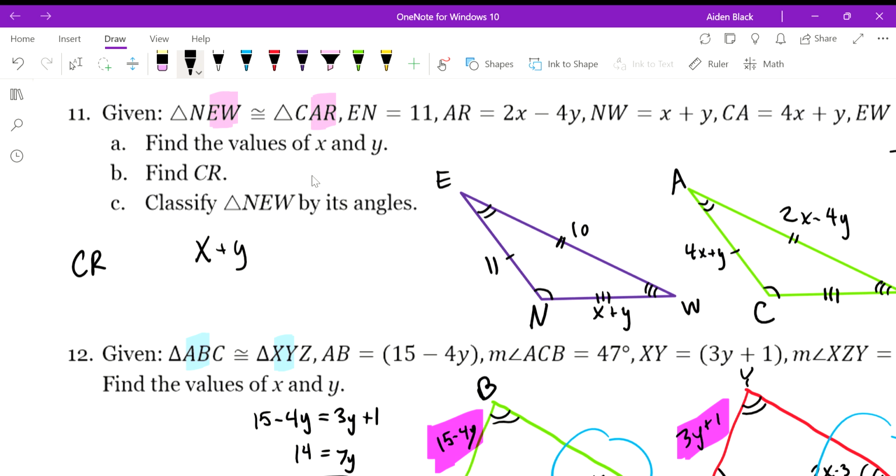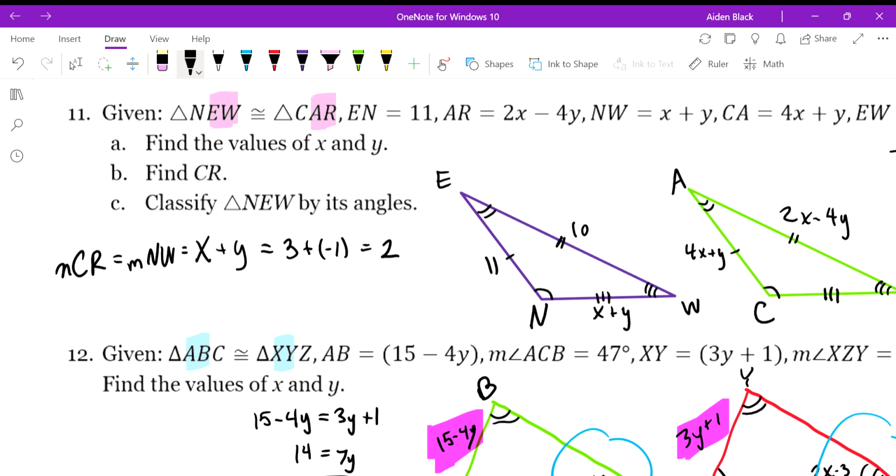The measure of CR is equal to the measure of NW, which is equal to x plus y. Since x equals 3 and y equals negative 1, I get 2. The length of NW is 2.